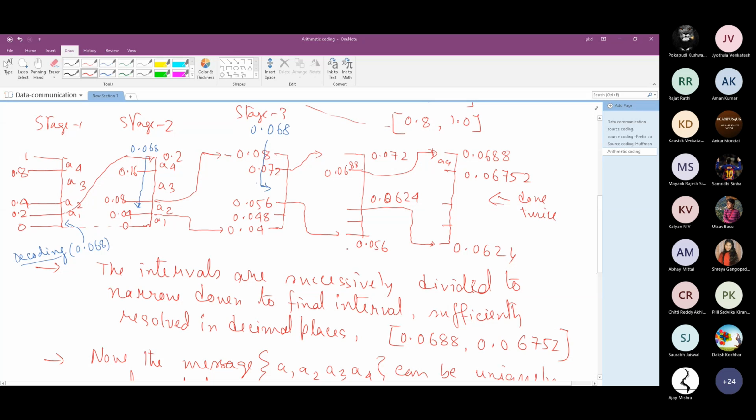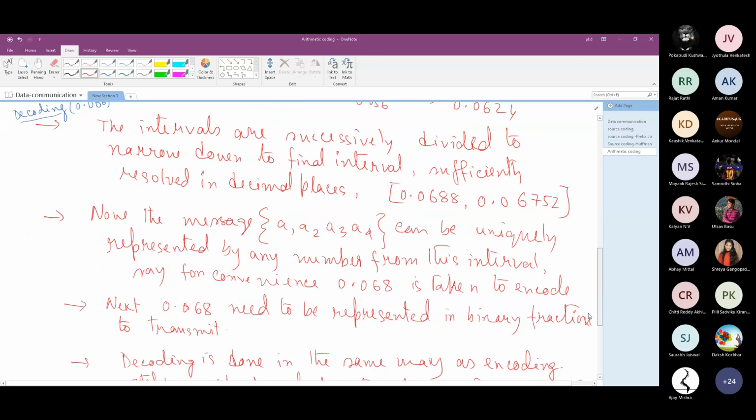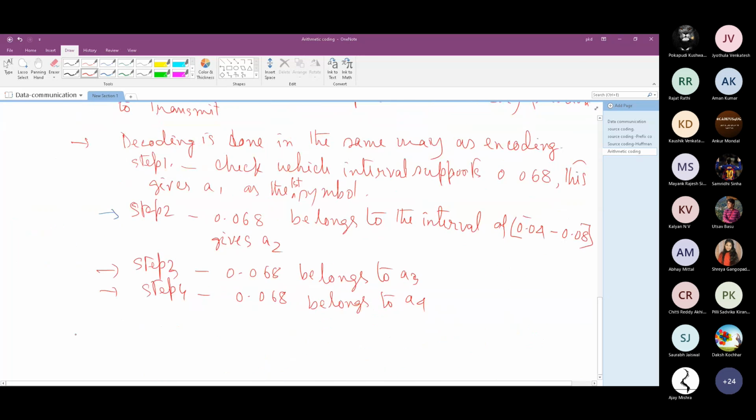However, as you can see, the implementation of the methodology for a long message is not very trivial. Therefore, it is not a very popular one. So that is one of the disadvantages of transmission of data using arithmetic coding. However, this also produces a unique and lossless coding scheme.